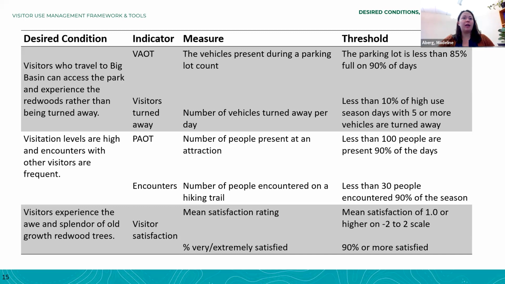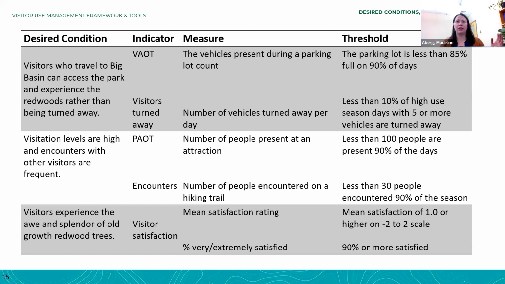So if we think about our vehicles at one time indicator, a threshold for that might be that the parking lot is less than 85% full on 90% of days. For our visitors turned away indicator, we might set a threshold of on less than 10% of high use season days, we have five or more vehicles turned away.